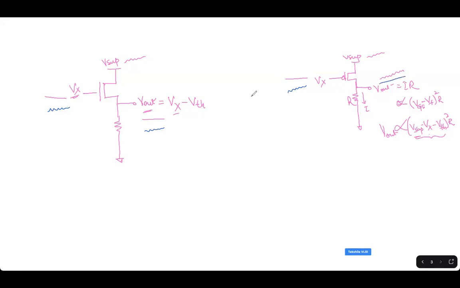So for NMOS, the input to the gate has to be clean if the output has to be clean. For PMOS, the gate of the driver should have correlated noise, so that the output becomes clean.